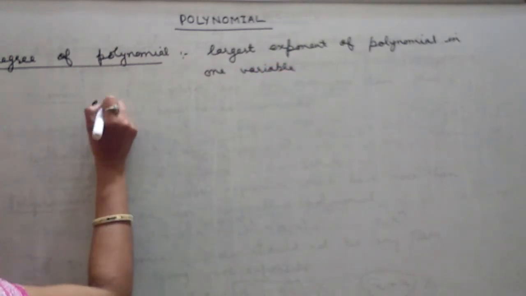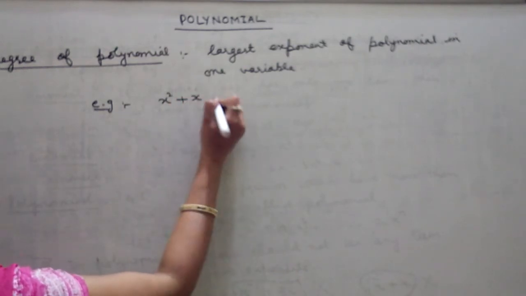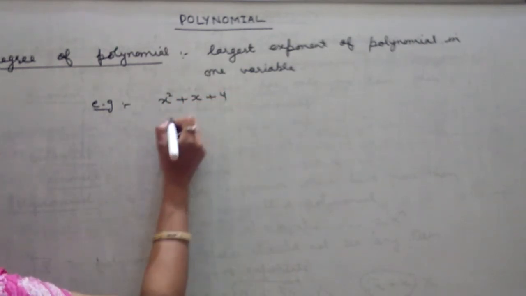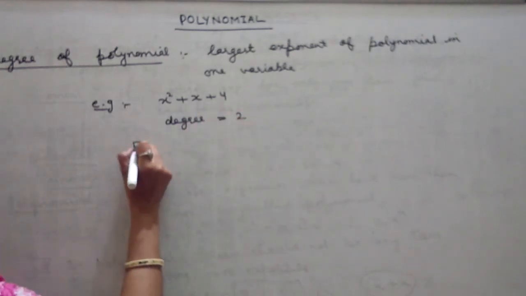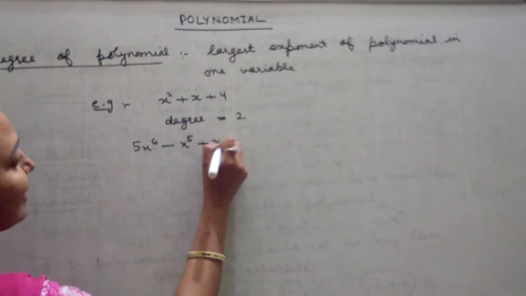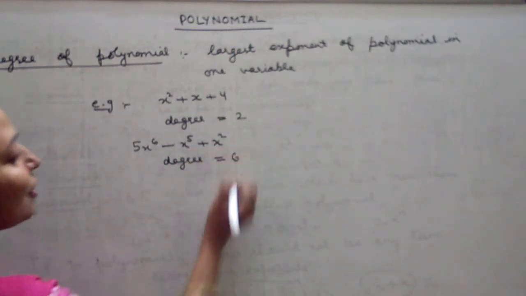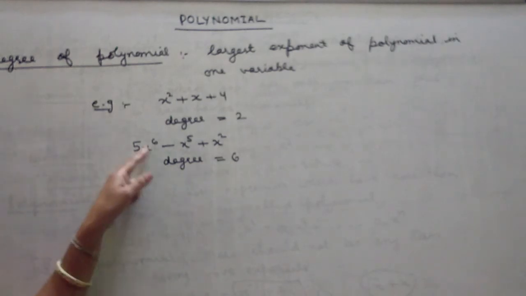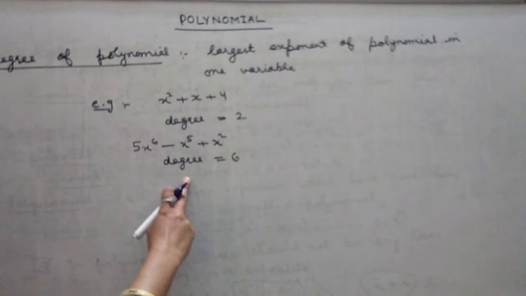For example, we have x square plus 2x plus 4. The degree is 2. If we have 5x^6 minus x to the power 5 plus x square, the degree is 6. So the largest exponent in a polynomial is called the degree.